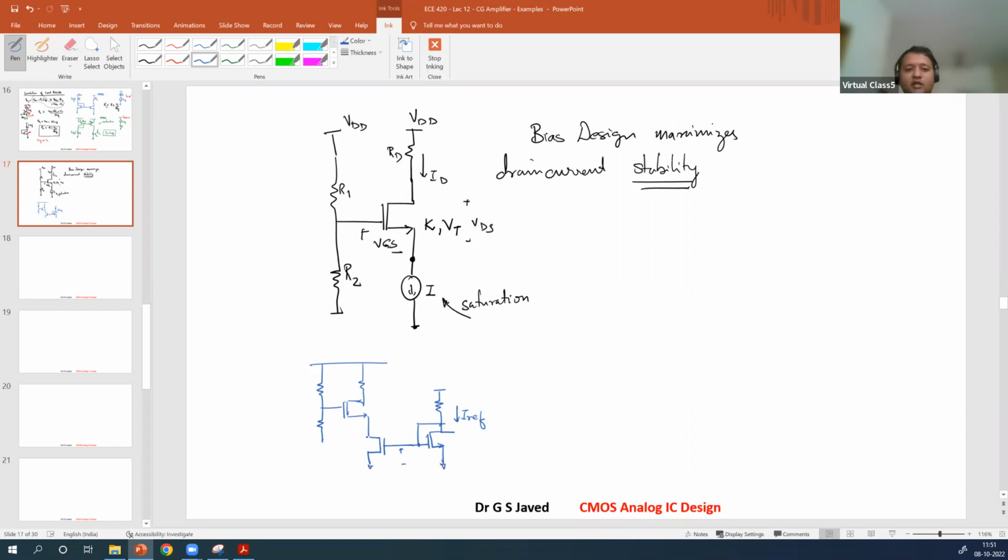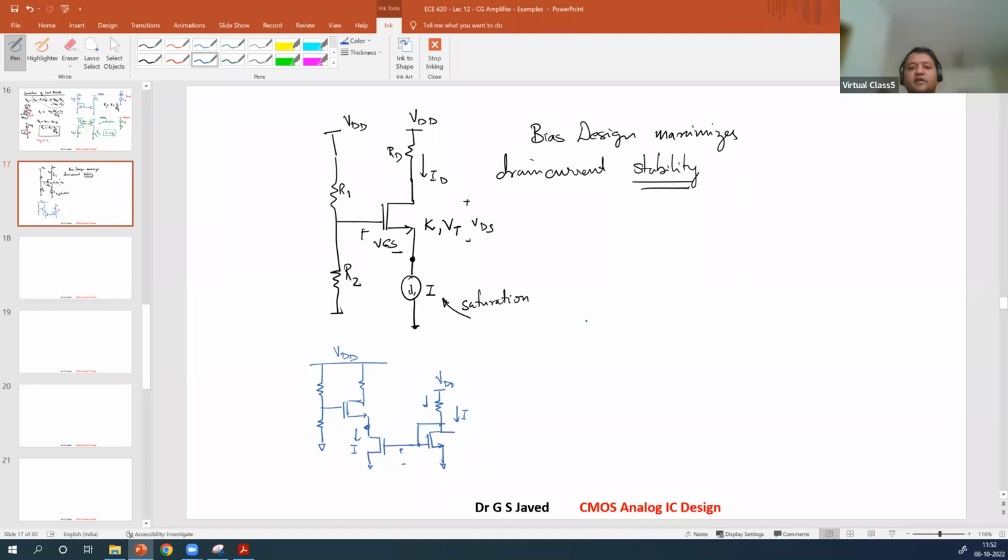Drain also is maintained, and then you will get VGS1 equal to VGS2, and this is the exact node that you are replacing. So the current I that is flowing in this circuit now is being mirrored, and it will flow in this circuit also. So this is the current mirror.